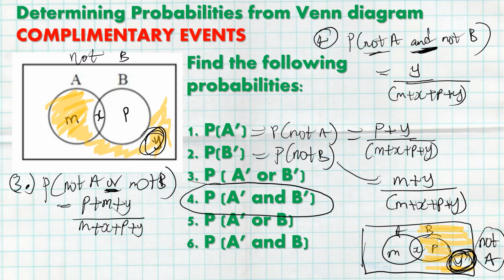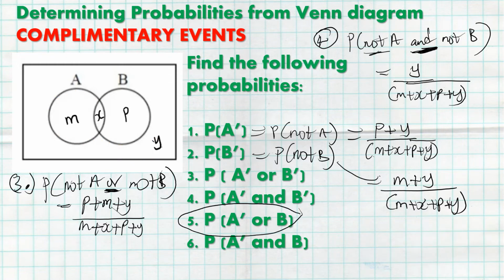Okay, let's quickly move to number 5 now. In number 5, they want you to determine the probability of not A or B. Okay, very interesting. If I can write this properly, it's the probability of not A or B. So we're just gonna draw another Venn diagram, right?